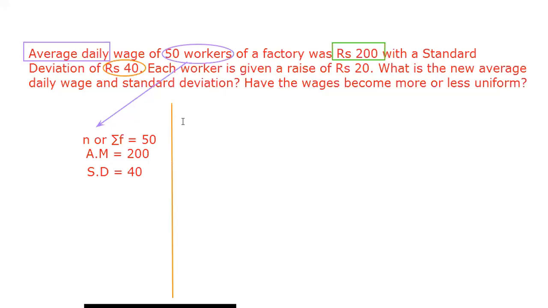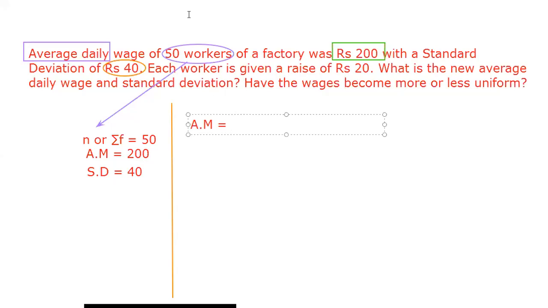So what they have given is small n as 50, the arithmetic mean is 200, and the standard deviation is 40. So first we have to find the total. The arithmetic mean is equal to sigma x by n, right?